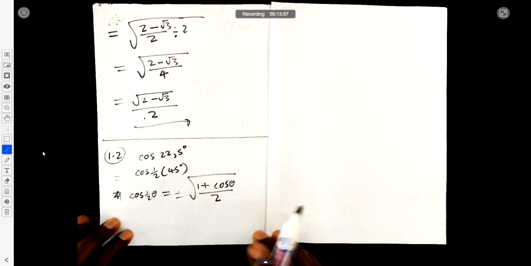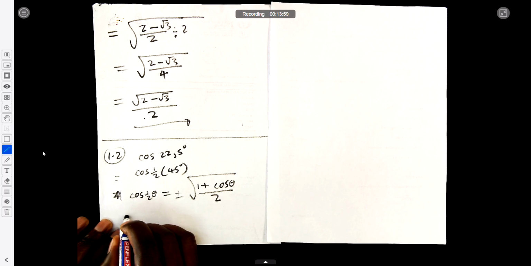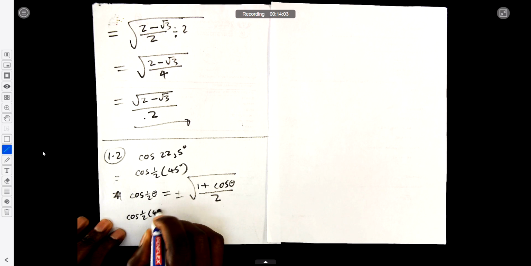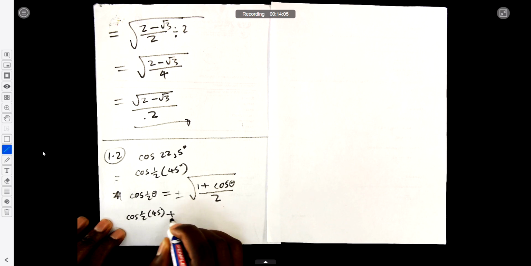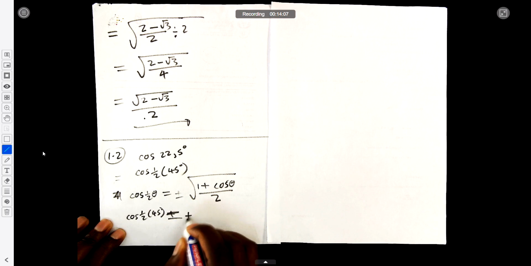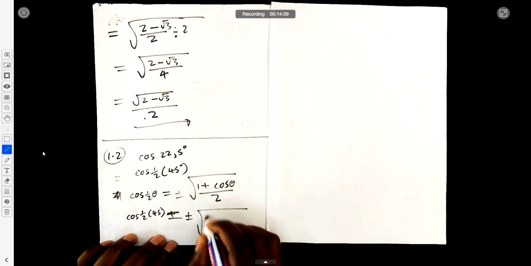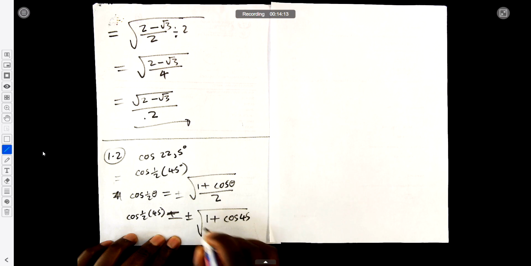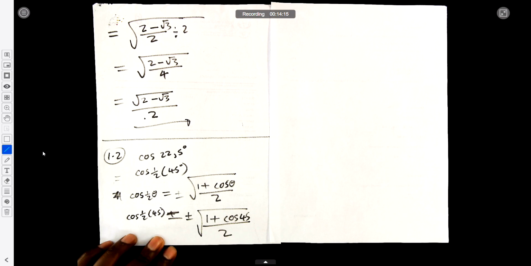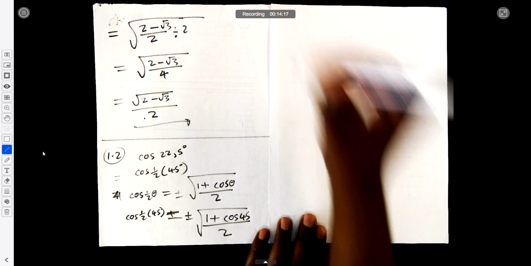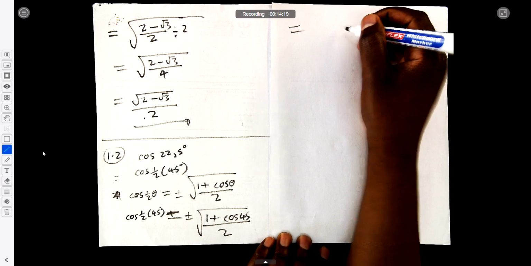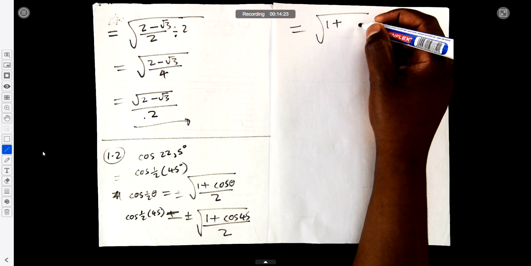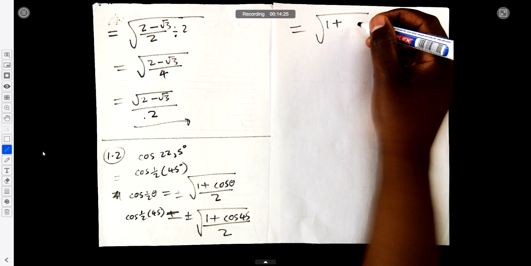Therefore here we're going to have cos, as I said, it is 45 over 2, equals plus or minus root of 1 plus cos of the angle theta, which is 45, all divided by 2. From there, our solution is equal to root of 1 plus, from the special triangles, what is cos 45?